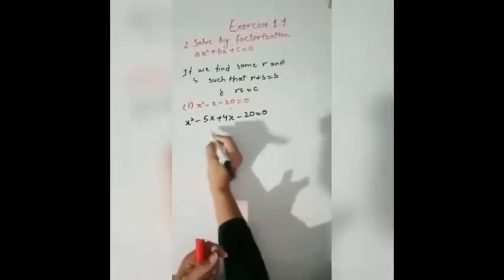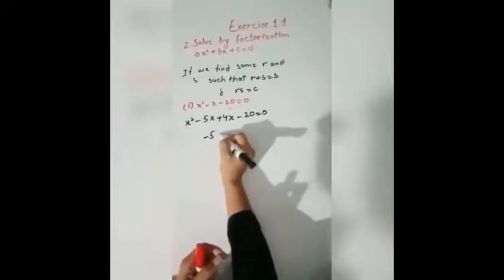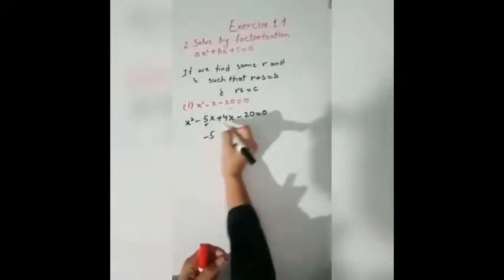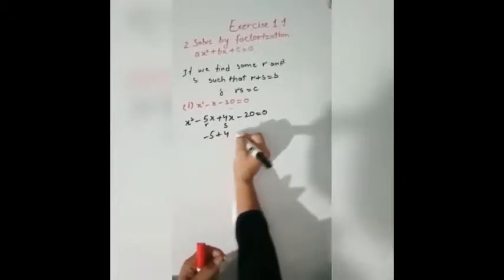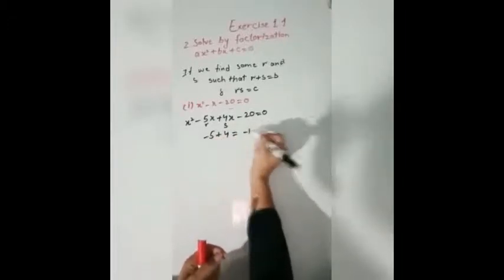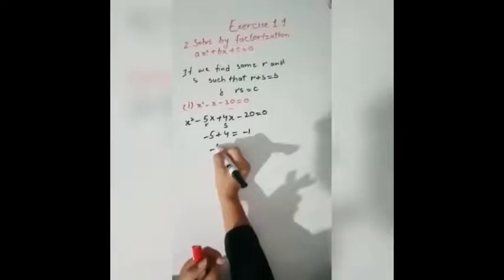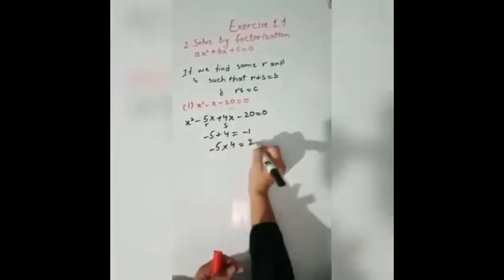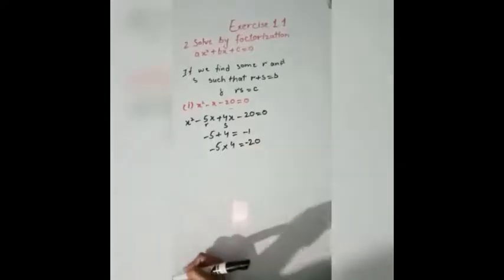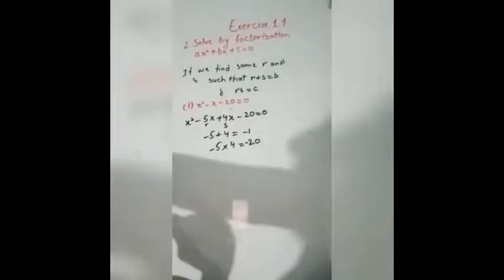R plus S is what? Minus 5 plus 4 is equal to minus 1, and minus 5 multiplied by 4 is equal to minus 20. So the conditions are fulfilled.